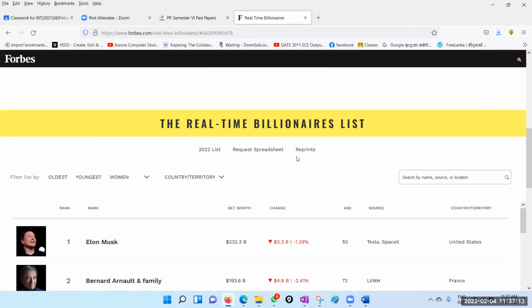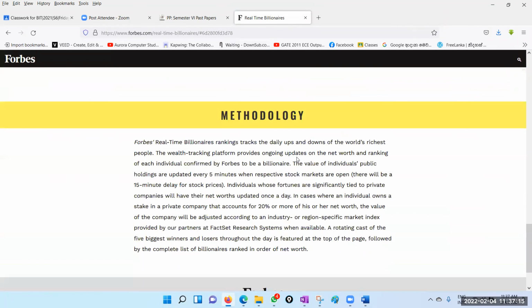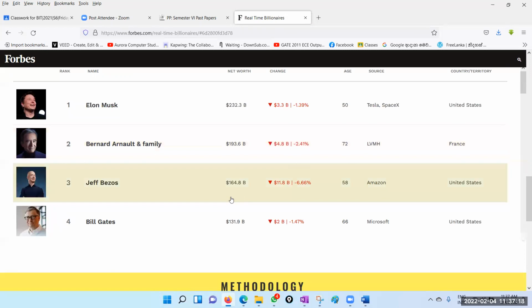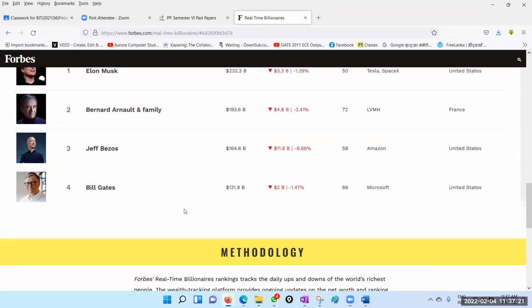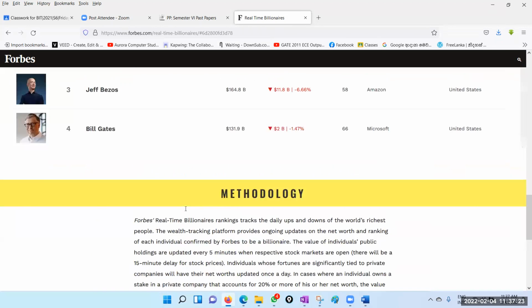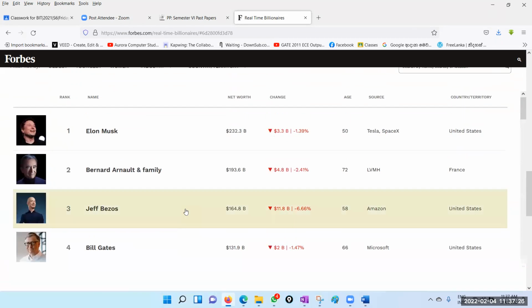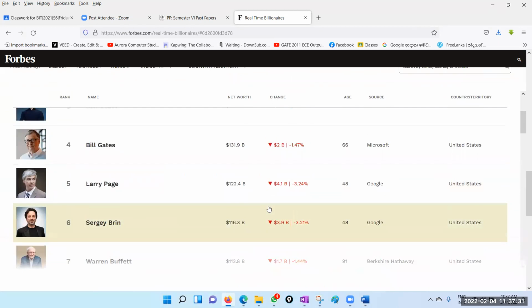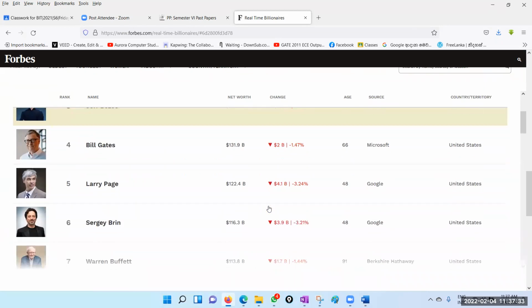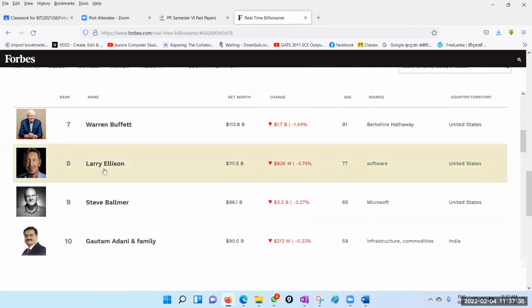Oracle? Not Jeff Bezos, he is Amazon's owner. Who is the Oracle guy? I think he's in the fifth position. Larry Ellison. So he's from Oracle. That's why the two most complicated software are operating systems and databases.